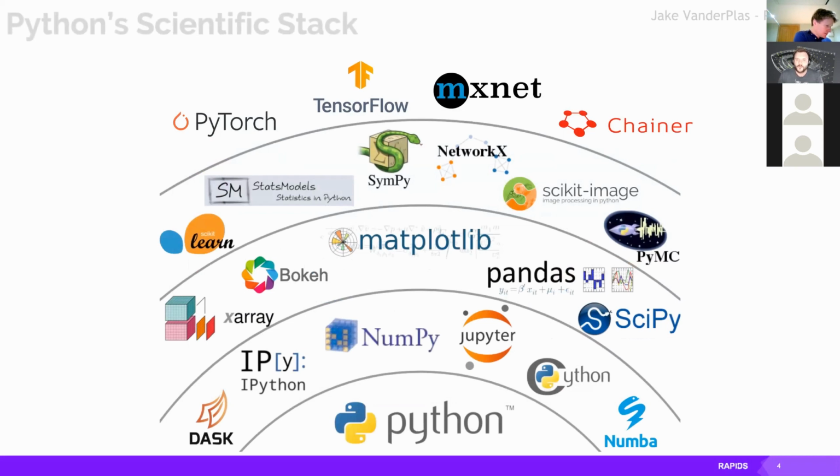But what we're trying to do is bring the GPU acceleration lower and lower down that stack. So folks that are doing data manipulation in pandas can now start leveraging GPUs, for example. And we do that both by contributing to those projects. Sometimes we'll build alternative libraries that follow the same API. Sometimes it's just educational stuff. We'll reach out to the community and try and share knowledge where we can.